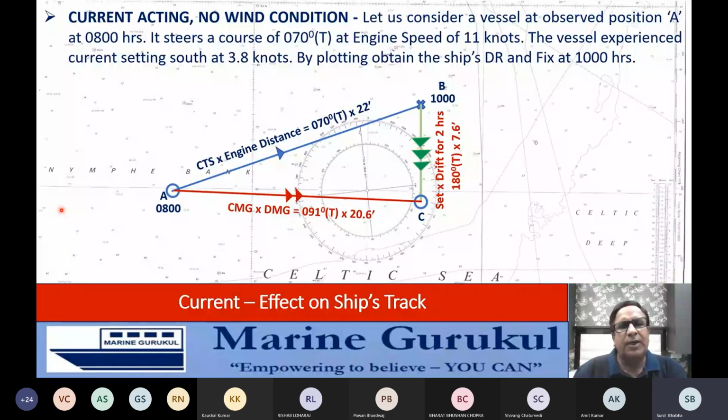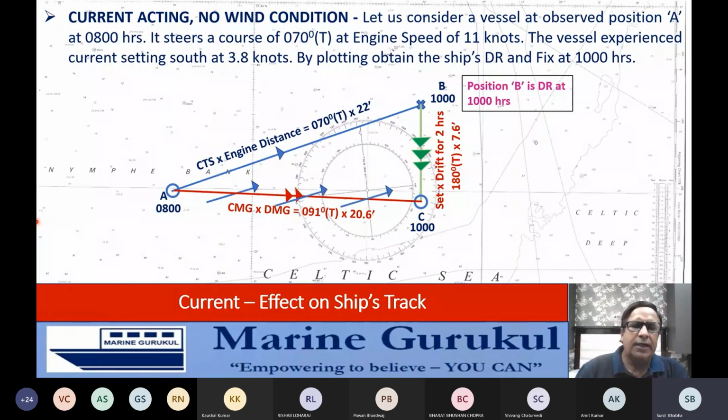Since this 20.6 miles is the distance made good in 2 hours, the speed made good would be 10.3 knots. So now please remember in this case that each side of this triangle is for the same duration. Here the engine distance was for 2 hours, drift was for 2 hours. So obviously this DMG would also be for 2 hours. So C is the fix at 1000 hours, B is the DR at 1000 hours, and the vessel's position will shift along the line AC, but her CTS does not change.